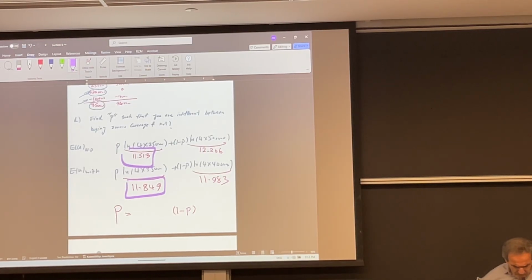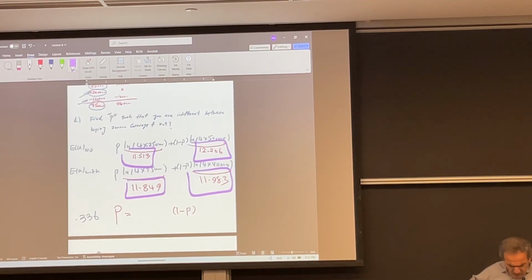That's 336? That looks like 336, right? What about the other one? Now I need this minus this. That's 206, that's 0.017, that's 223. 223? 223.